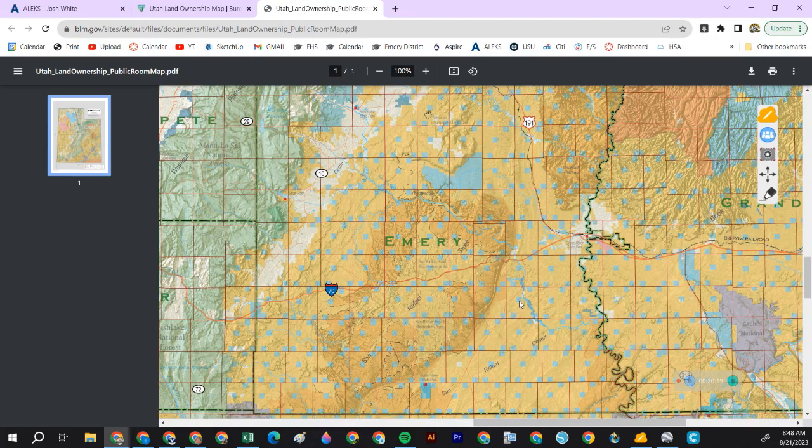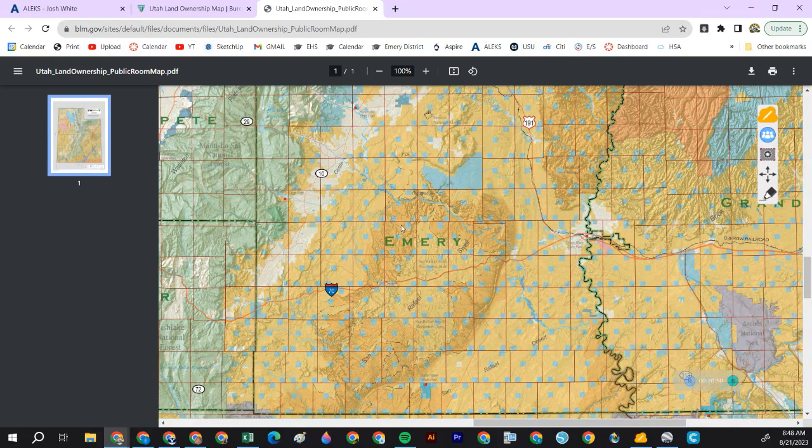So these are 1 mile by 1 mile, and these are 6 miles by 6 miles. So there are 36 little squares inside of this, and 4 of the squares were given to the state. So the yellow is what the federal government owns, and the blue is what the state owns, and then this is Forest Service, white is private. And this land is owned by the state, and it funds the schools.